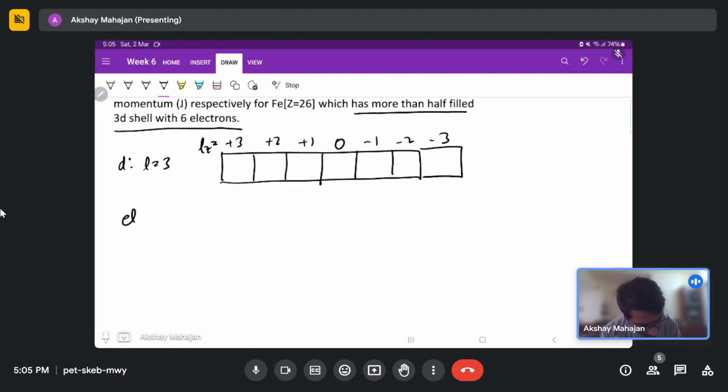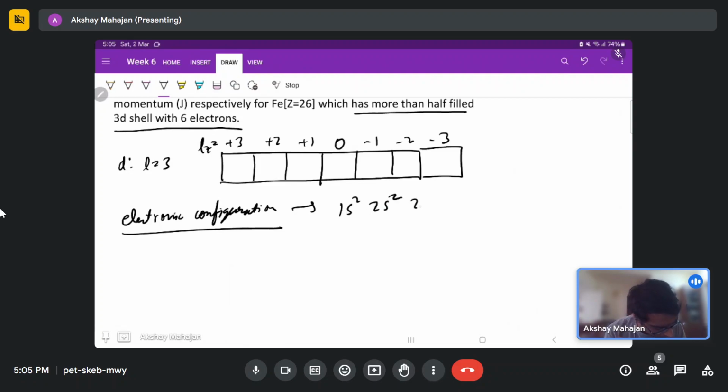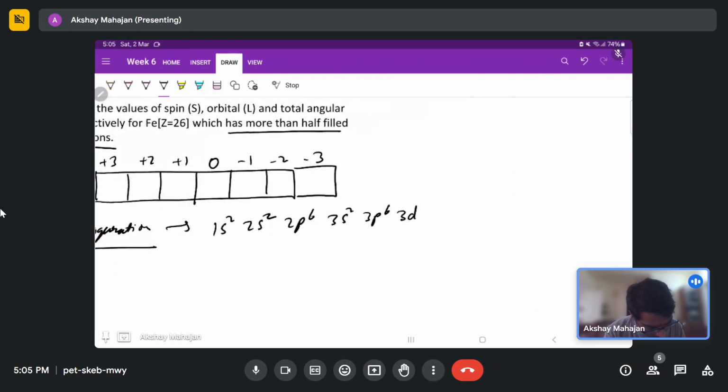So the electronic configuration of iron. We do a lot of problems on electronic configuration today. For iron it is 1s2, 2s2, 2p6, 3s2, 3p6, 3d6, 4s2.